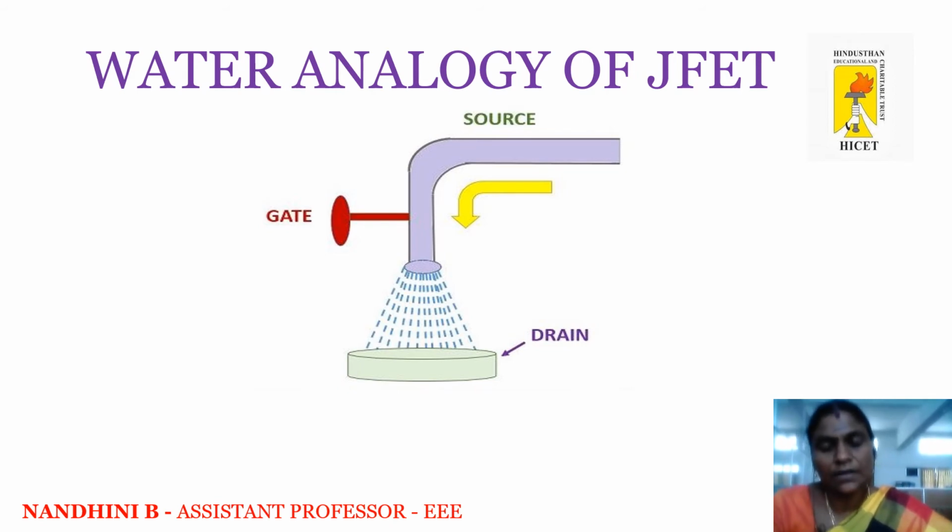The source is a plentiful supply, right? From that, by using your gate, it is like a gate valve. By using a gate, we are controlling it so that we can control the drain, right? We can control the flow. That is the working of your JFET, right?